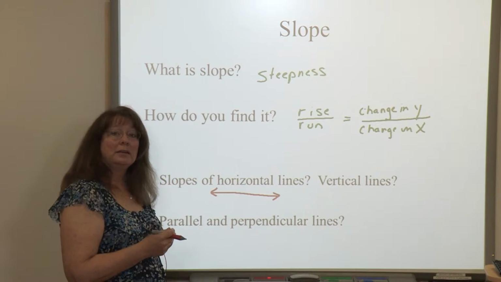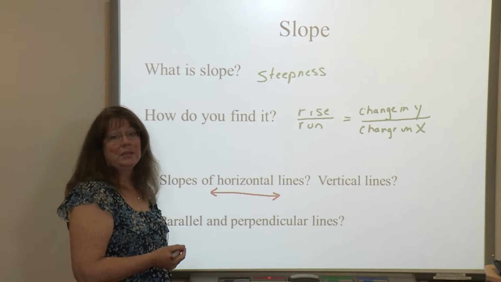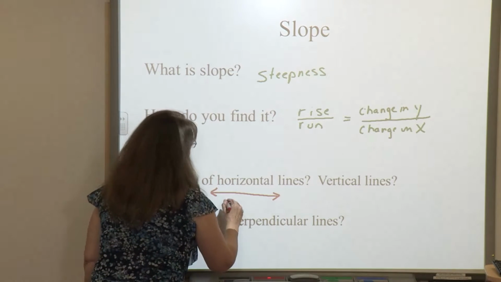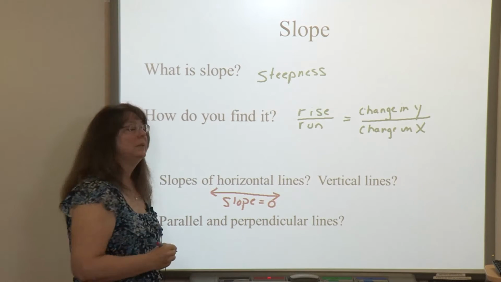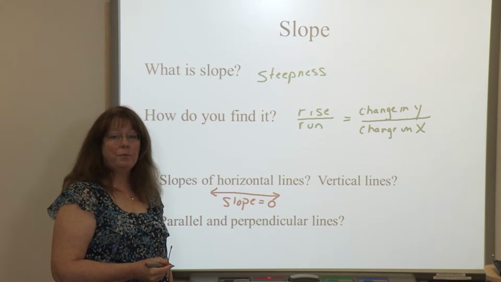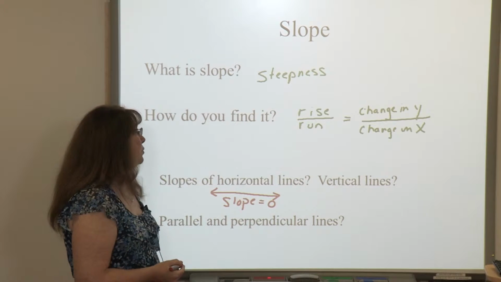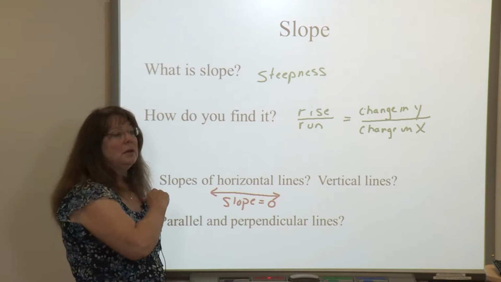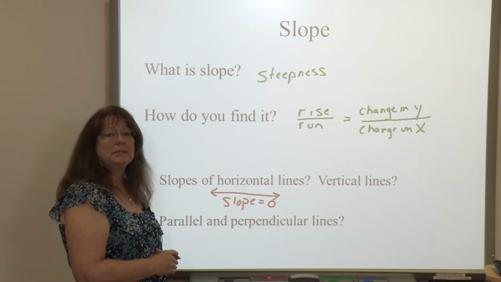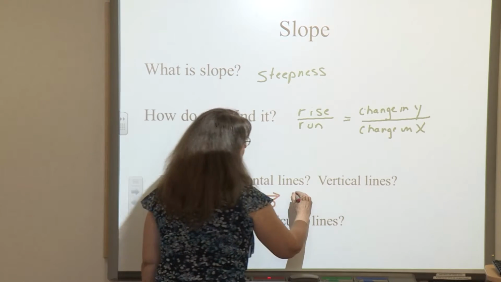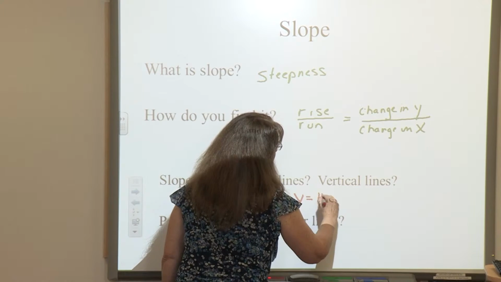Its slope would be considered 0. And if you want an equation for a horizontal line, it's always just going to have a height that will be up or down in some direction. So your equation will be y equals some number.